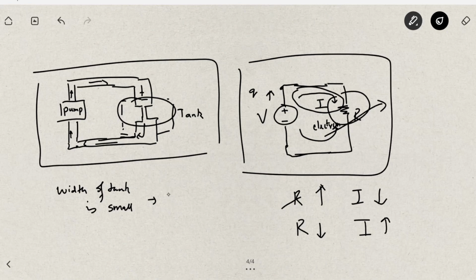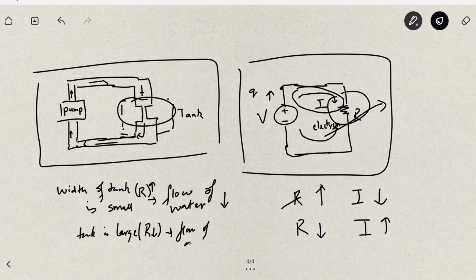So the flow of water will be less. This is equivalent to more resistance. And if the width of the tank is large, that's saying the resistance offered by the tank is now smaller, and the flow of water will be more.